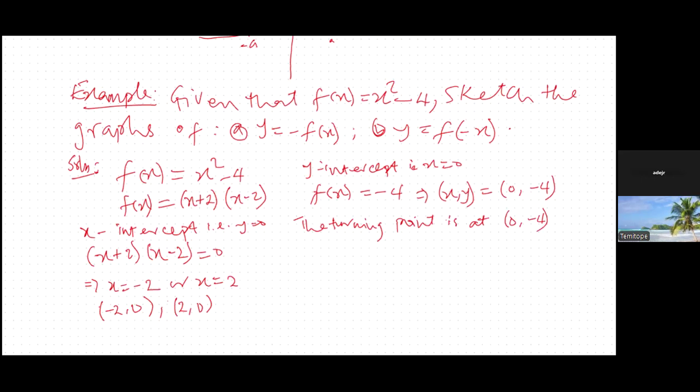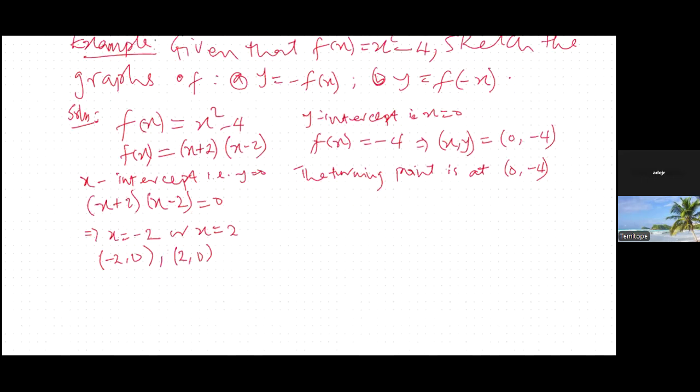Now, I will sketch that. x, y, 0, let's suppose 2 is here, -2 is here. Then, let's suppose -4 is here.